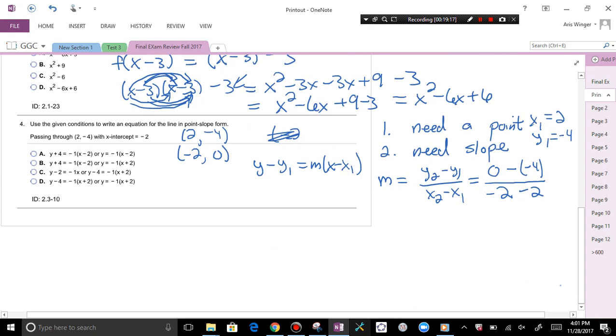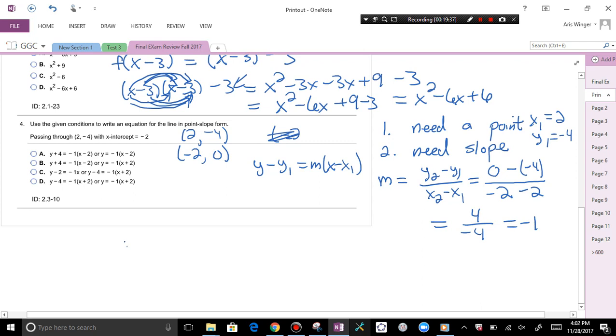And then we'll write the line. 4 over negative 4, the slope is negative 1.